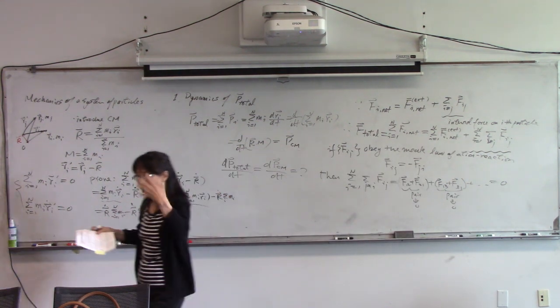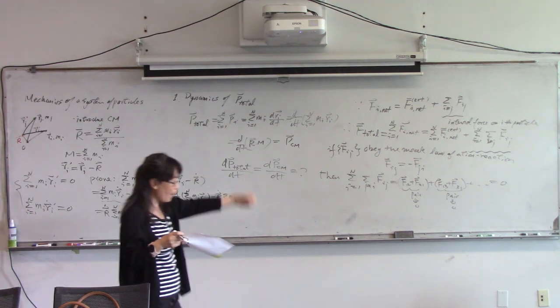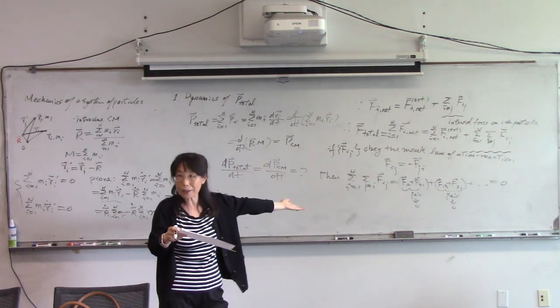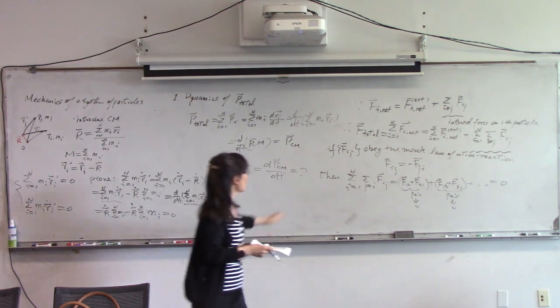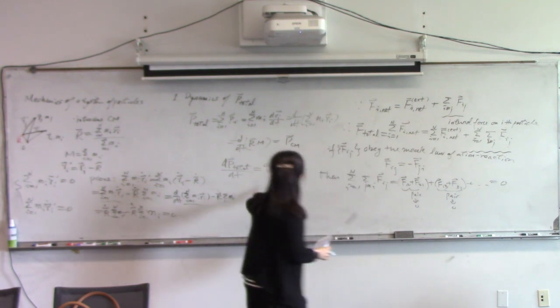Immediately we know the sum of all the internal forces for the total n-particle system cancels, and that makes sense because they are only internal. With this, we can now answer the question.